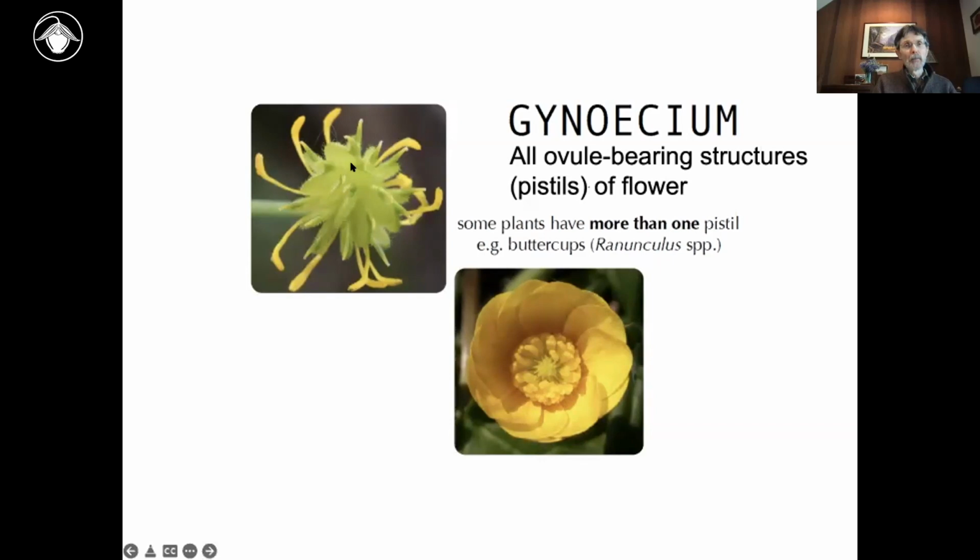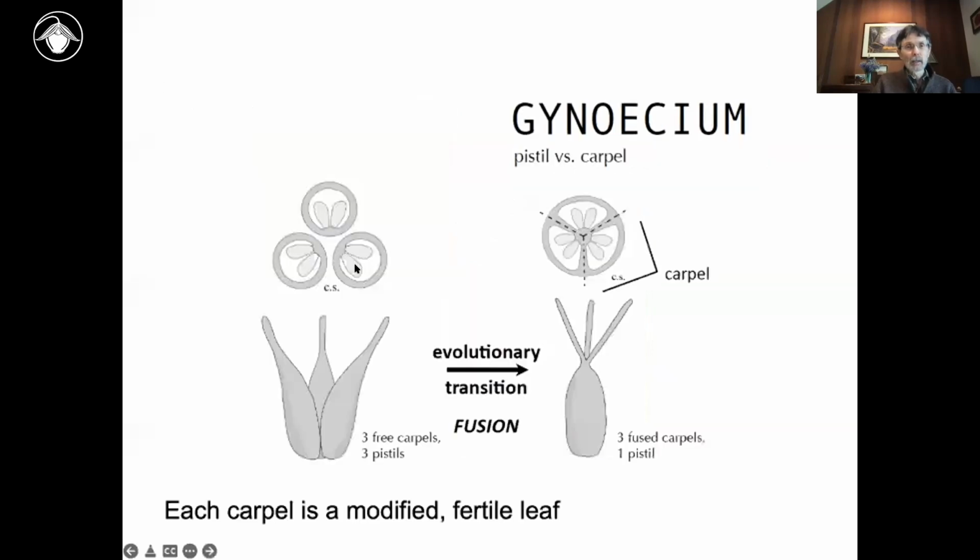If there's more than one pistil, then each one of those pistils represents an individual carpel, or modified leaf, that contains one or more ovules, only one in the case of a buttercup. But if there's only one pistil inside of a flower, that might represent more than one carpel that could be fused together into a common pistil, this unit with a single ovary typically.